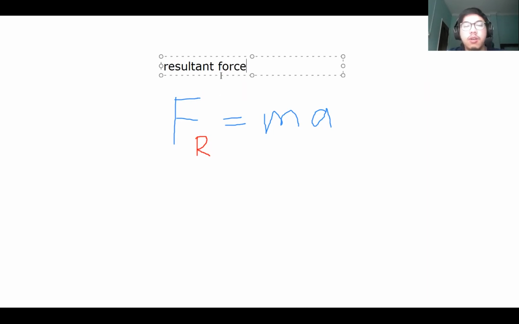Okay. So in order to use this formula, especially if you have more than one force, and in the coming examples we will use this, you have to use the resultant force in this equation in order to find the acceleration. Right, so let's see what that looks like.